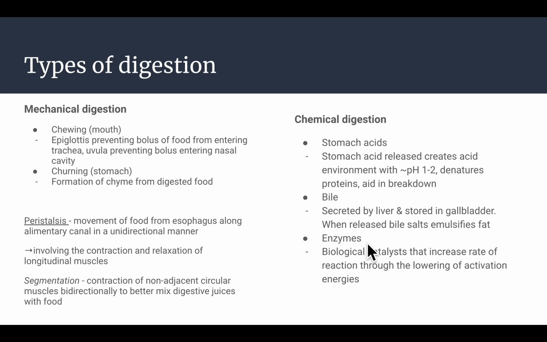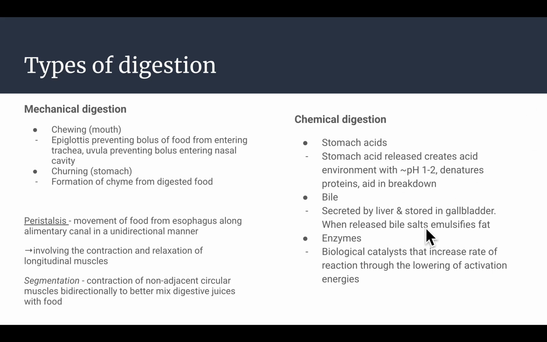Enzymes are biological catalysts. We were probably familiar with this from IGCSE, but enzymes increase the rate of reaction by lowering the activation energy, and they remain unaltered after each catalysis reaction.